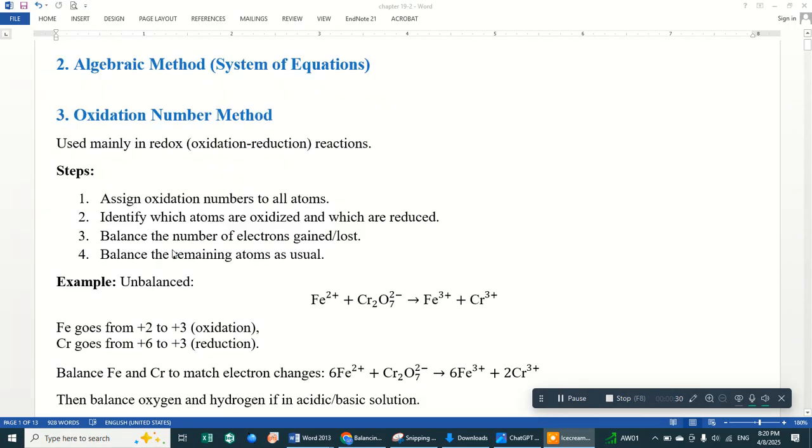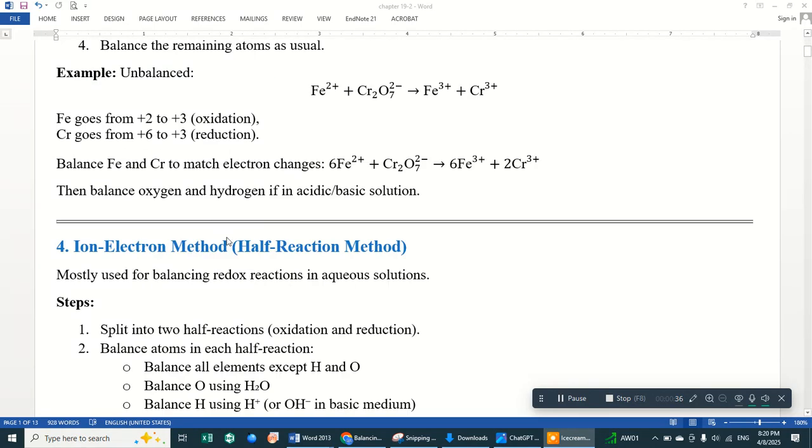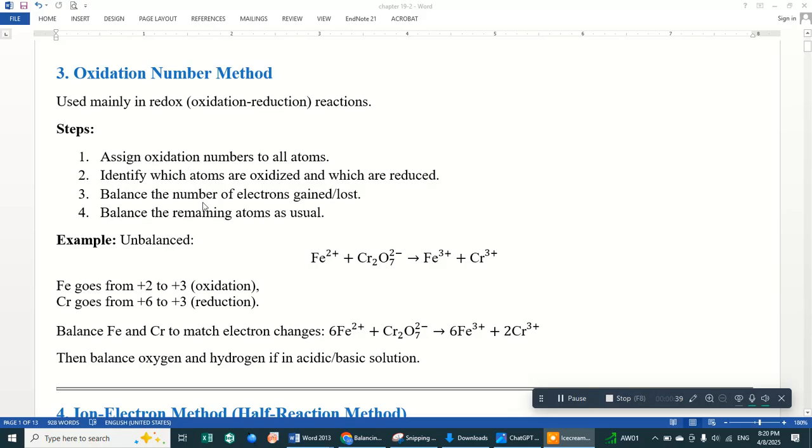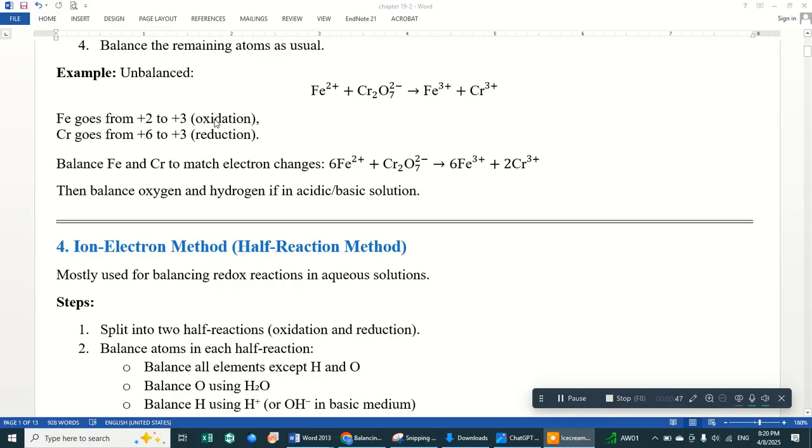But mostly the last two methods are used: the oxidation number method and the ion electron method. Both methods are used for redox reactions. The oxidation number method is also used for redox reactions.